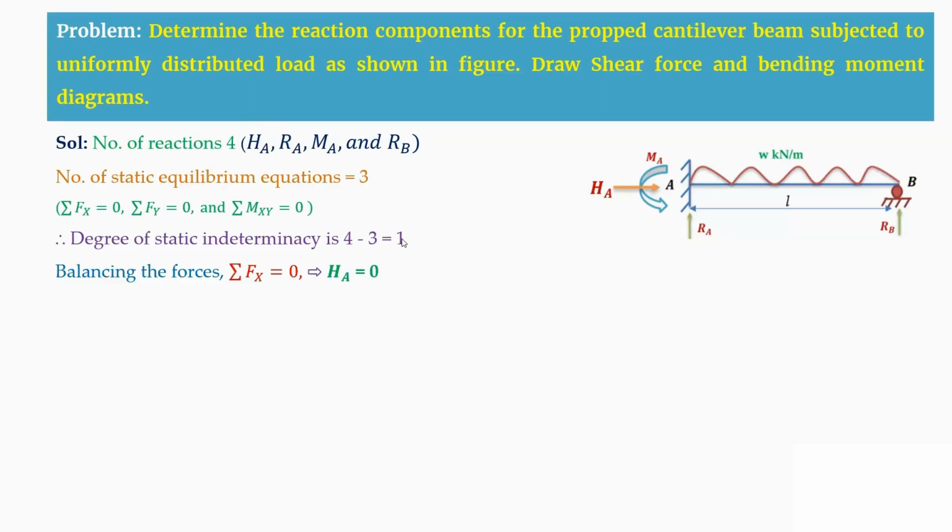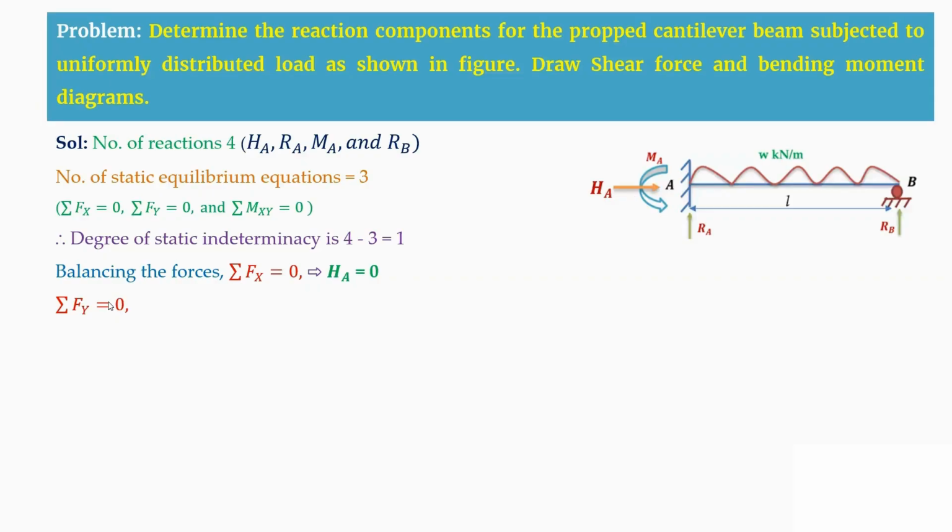Now, by balancing the forces and using the equations of static equilibrium, we know that summation Fx equals 0. Here there is only vertical loading in this problem. Therefore, HA, which is the only horizontal component, will be equal to 0. Another equation is summation Fy equals 0, the summation of vertical forces.